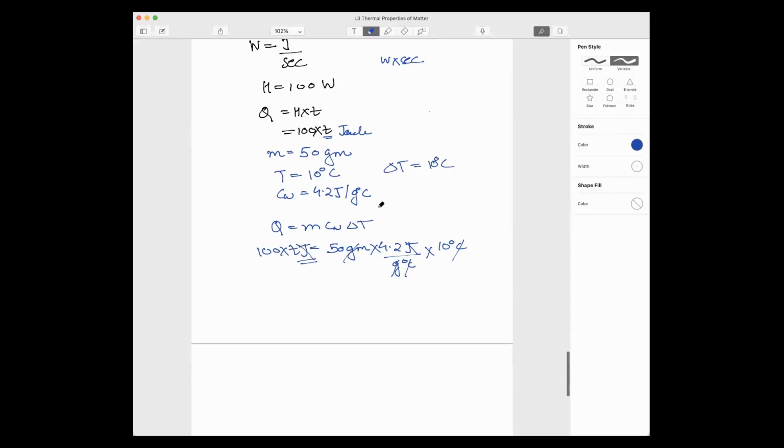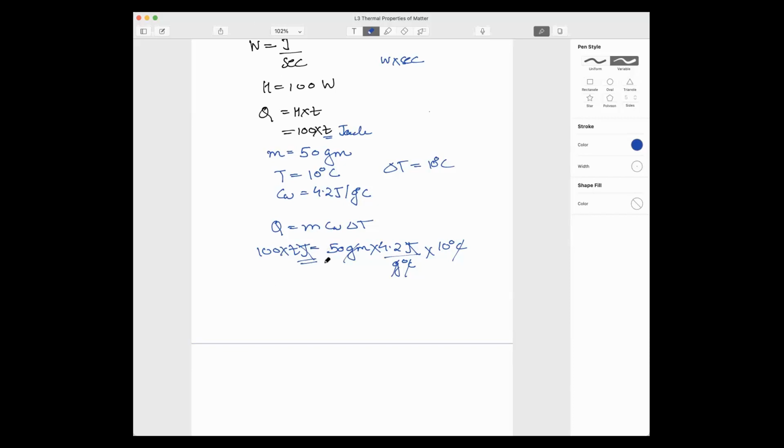And I'm saying that by balancing the units, it is very important to balance the units so that you will not make those conversion mistakes. So it's better to put all the units together. What I have shown you is that gram will cancel out with gram, degree centigrade with degree centigrade, joule with joule, and time we know is in seconds, so the second is also cancelled.